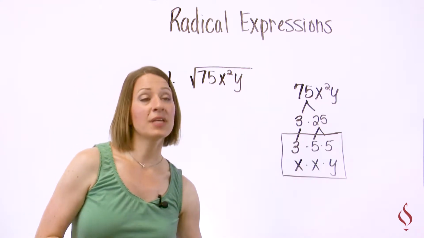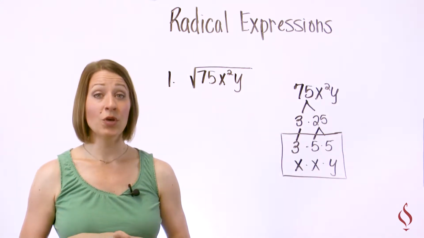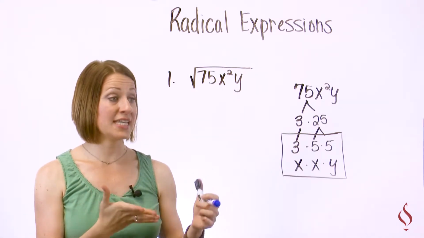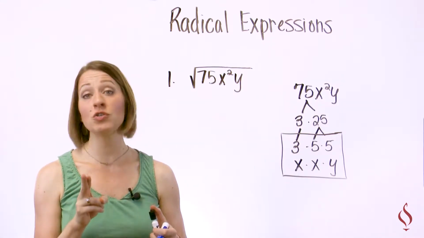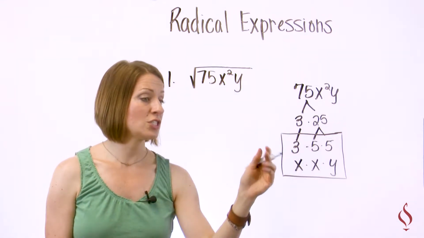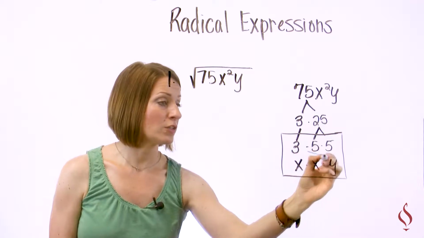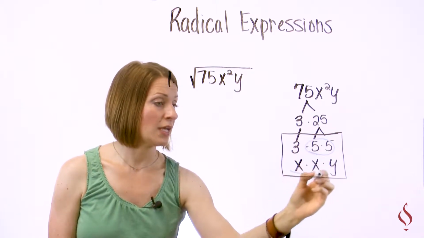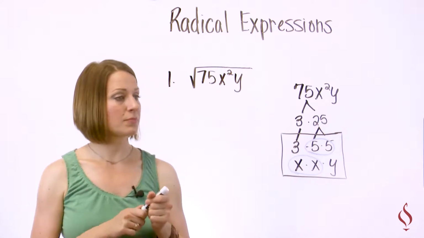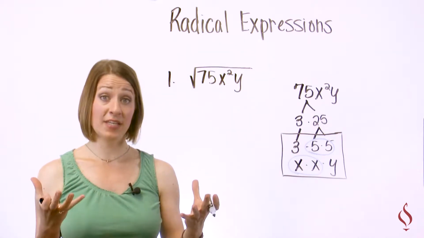Next, because this is a square root, I want you to identify matching sets, like pairs of two of the same number or two of the same variable. If you look just inside this square, there are 2 5s and 2 x's. Here's how we're going to simplify this by hand.